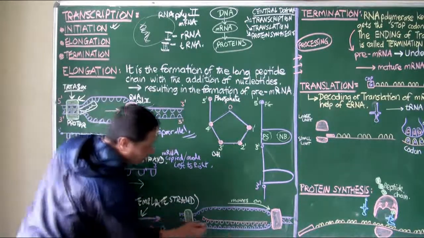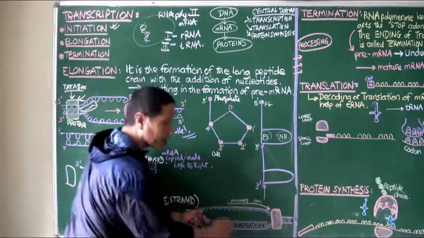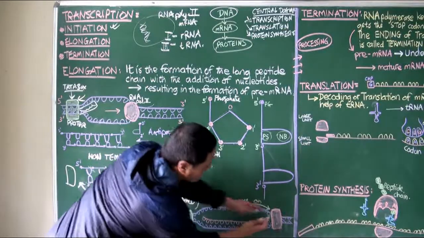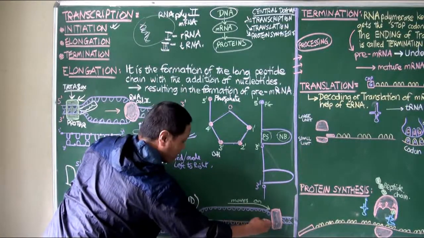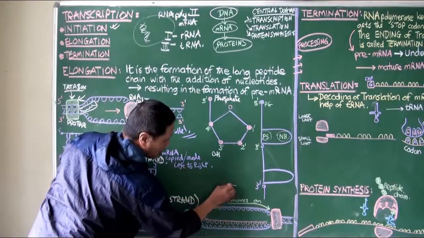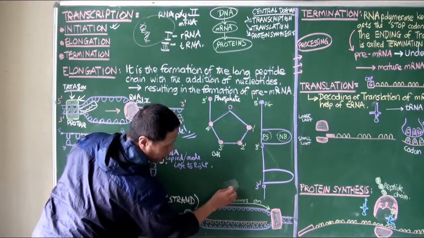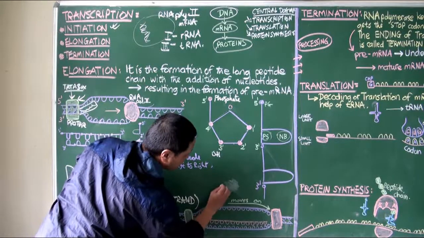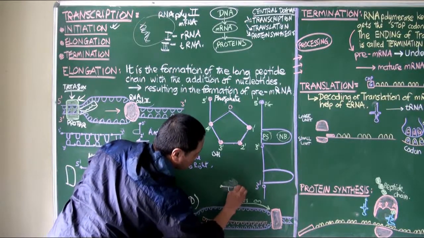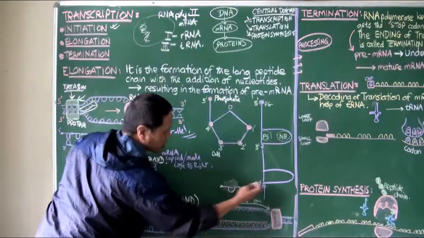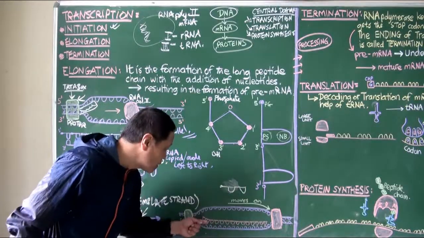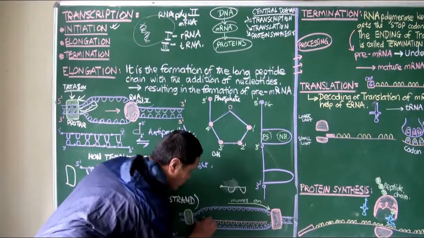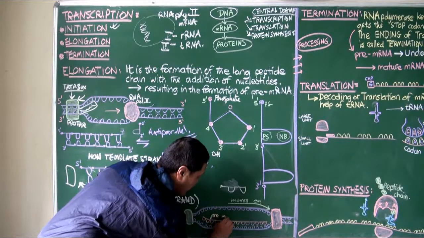As it progresses further towards the right-hand side and continues to open up, you can keep on adding nucleotides to make this mRNA. So this is the pre-mRNA.